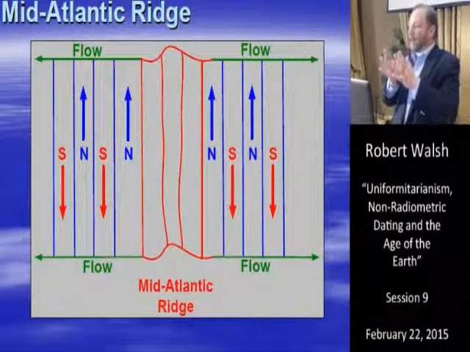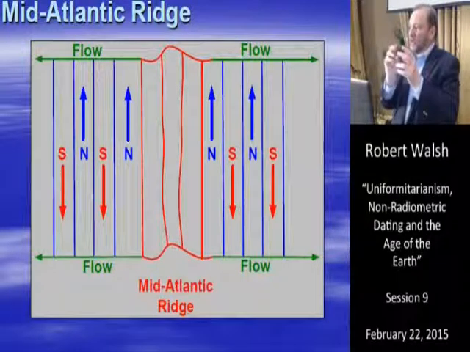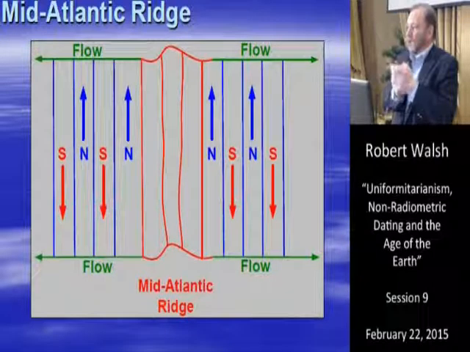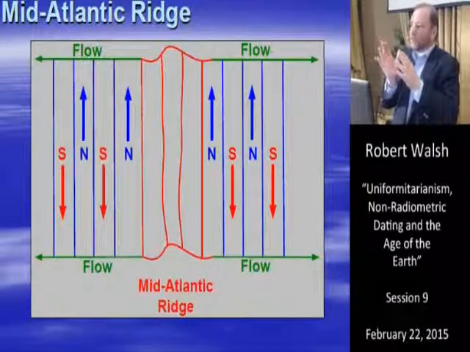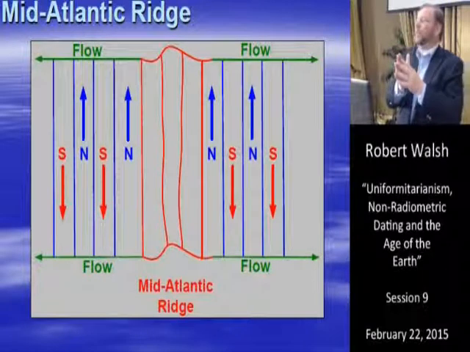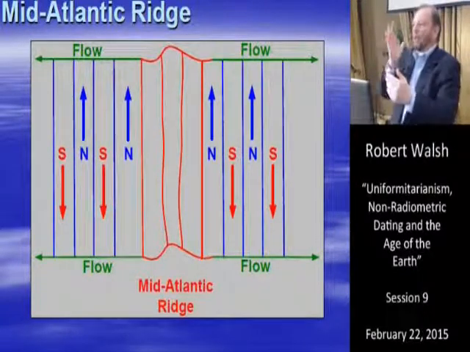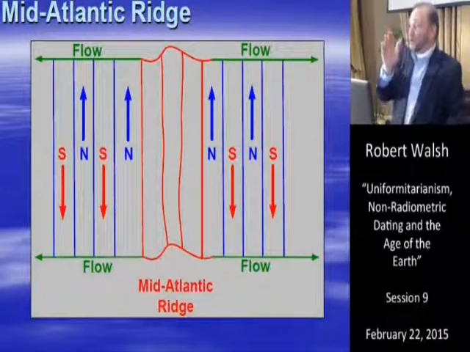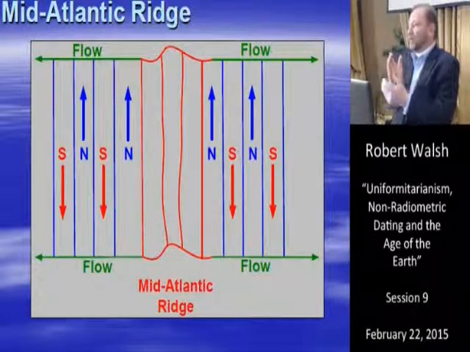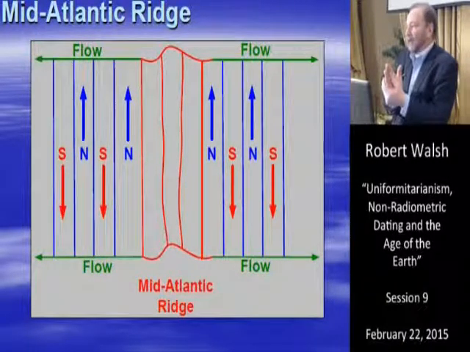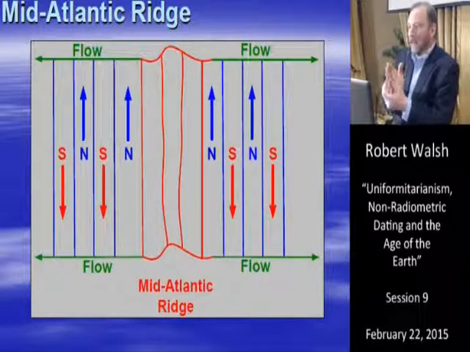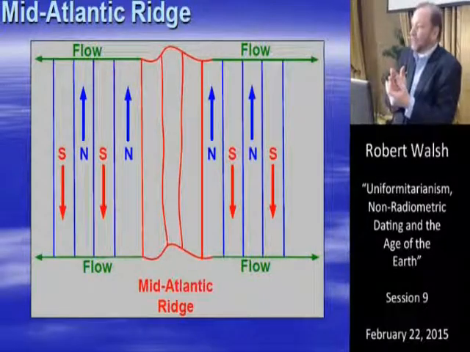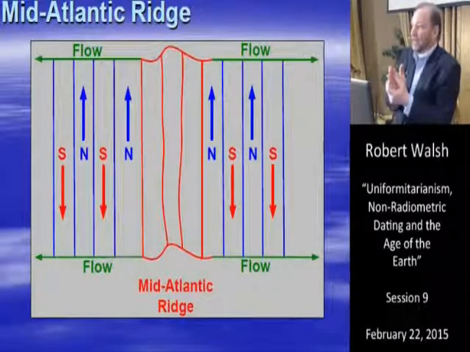So what that means is that as this material is moving out, it's molten material, it's hot. So the magnetic moments, the molecules, are not lined up with the magnetic field of the Earth at that time. But as the material cools down, it will come to a temperature called the Curie point, and however these molecules are lined up, once it goes lower than the Curie point, those molecules will be photographed in that rock at that time, and will be forever there in that orientation, unless it's heated up again, and they will align themselves with the magnetic field at that time.